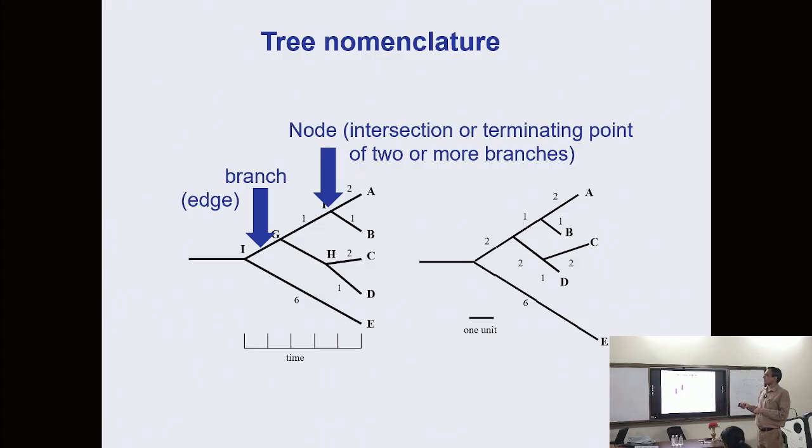So what are nodes? Nodes contain taxa, right? And edges indicate the distance between the taxa, right? So edges connect the nodes, indicating the evolution of a descendant from an ancestor, right? Okay.